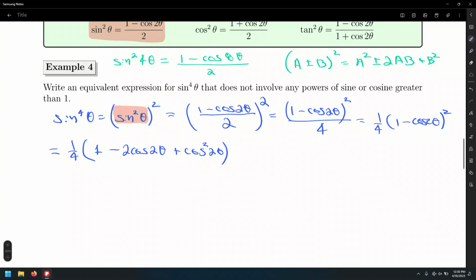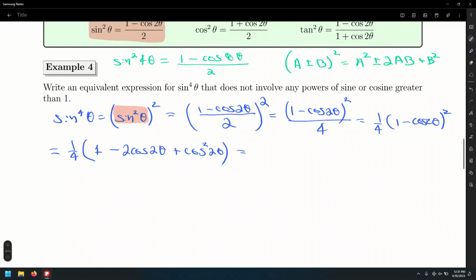How about now we distribute the 1/4, because what's going to happen here? We're not done. We only have half of the problem solved, because we started with a power 4 for sine. However, we need to take care of this cosine squared using the power reducing formula a second time. But first we need to distribute this 1/4 so we can deal with this separately and leave these other two terms alone.